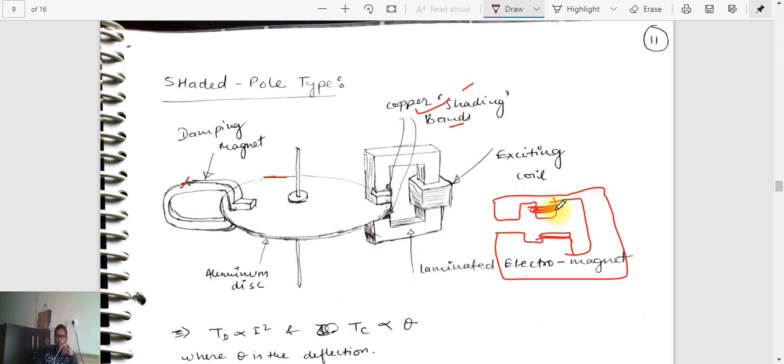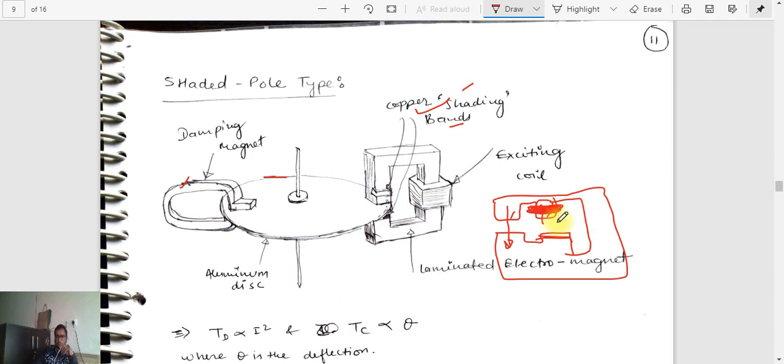So the eddy current produced here causes a reduction in the flux. Suppose this is the flux linking here, but this flux is linking with a reduction because of the shunted copper shading band, so the flux is less, and there is a gap between this flux and this flux.